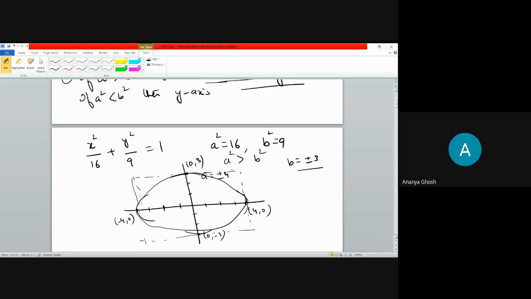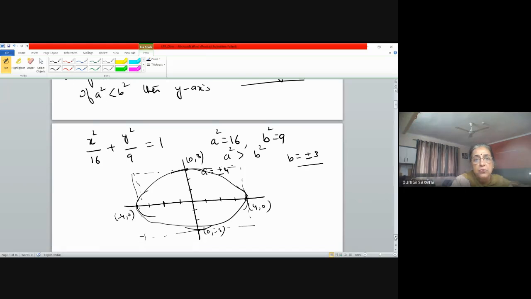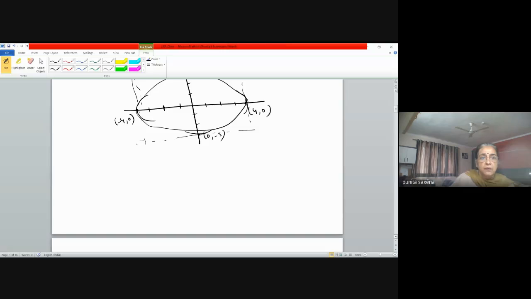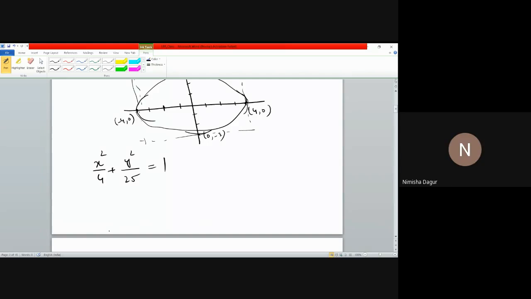Now, similarly, supposing you were to sketch x square by 4 plus y square by 25 equal to 1. अब इसमें मेजर एक्सिस कौन सा होगा? y-axis. ठीक है ना?